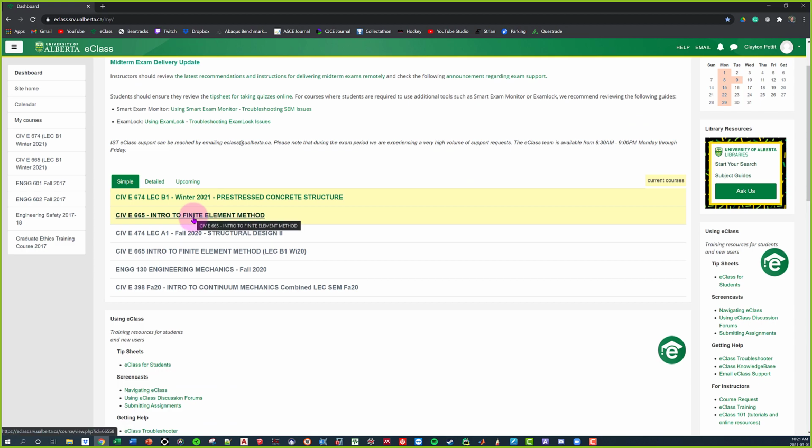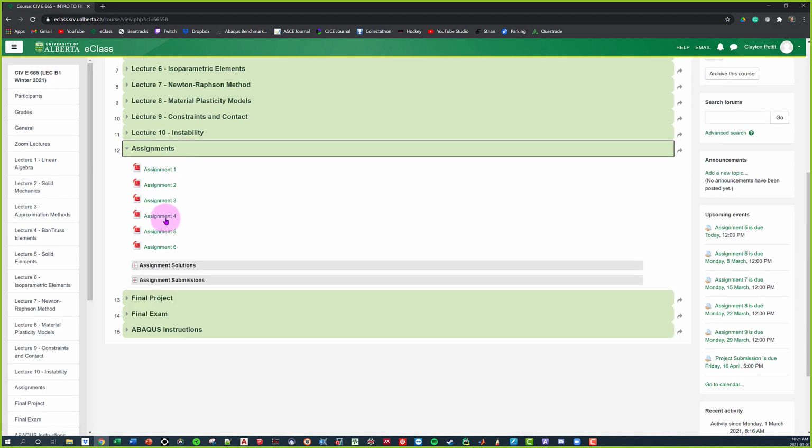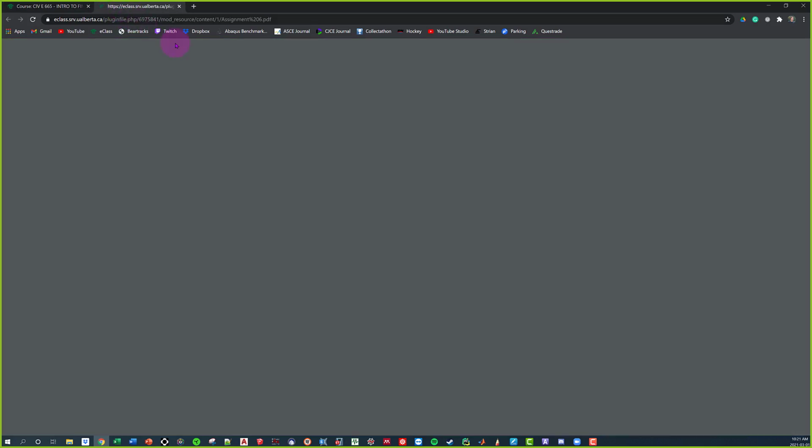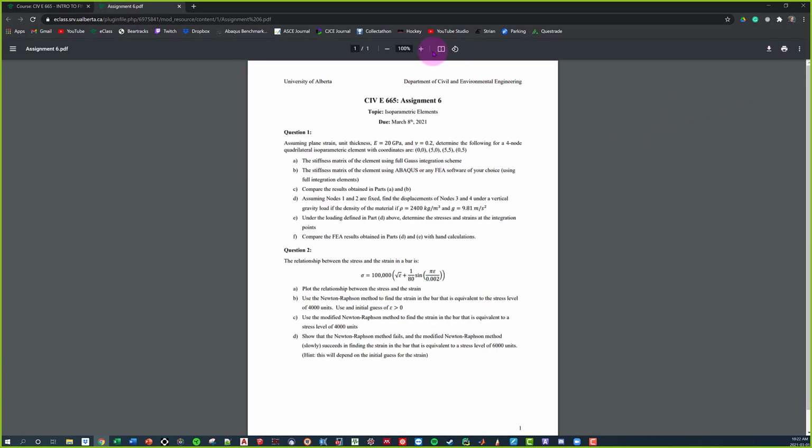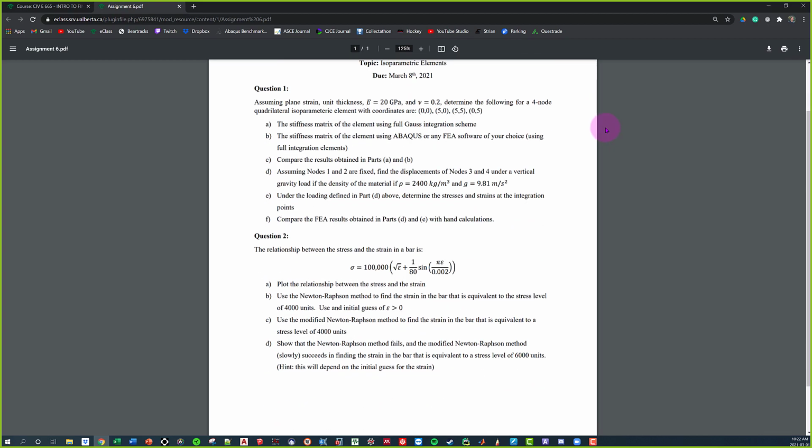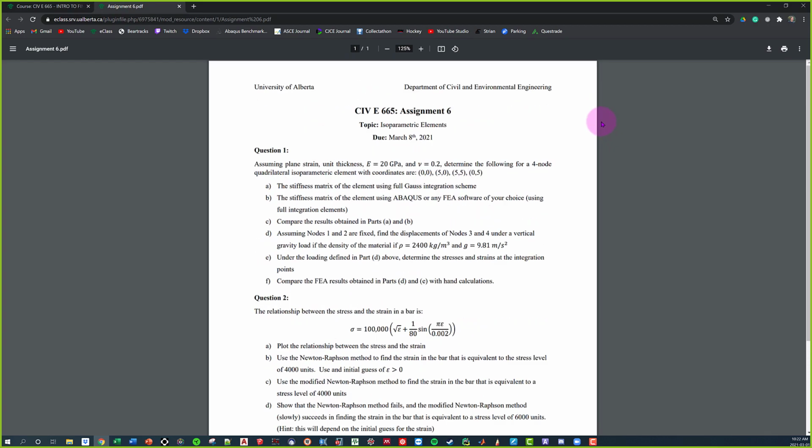The example that we did was overkill. It was a lot harder than whatever the actual assignment is going to be, so don't worry about that. So assignment 6, and I'll zoom in a little bit. And at 23, or in less than a minute's time, we'll come back and figure out what exactly is going on with this example.